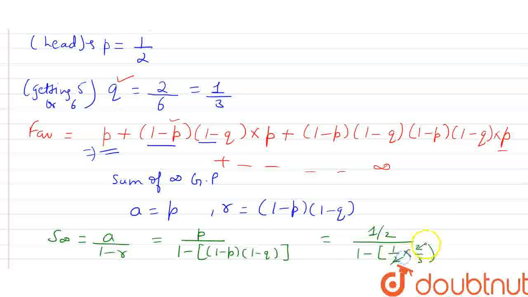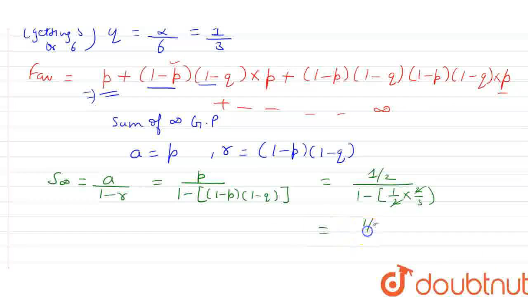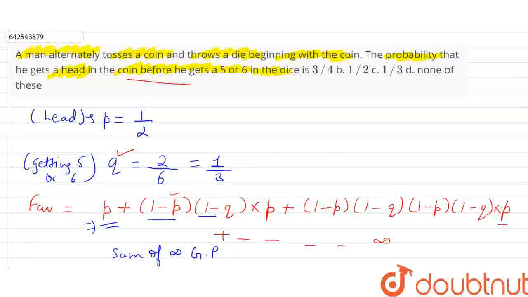Now here 2 and 2 will be cancelled, so it is equal to 1 upon 2 upon 1 minus 1 by 3 is 2 by 3, so it is equal to 3 upon 4, our required probability. So let's match the options. So option number 1 is correct.